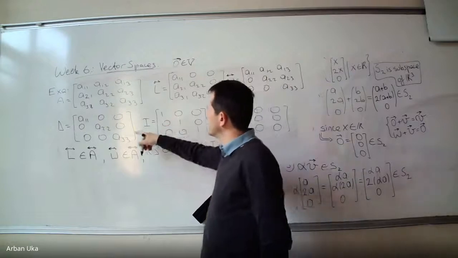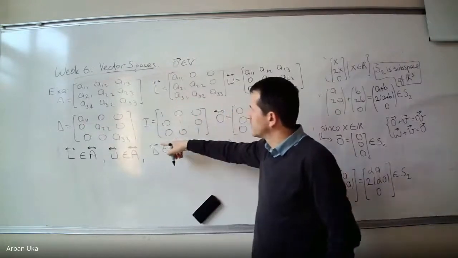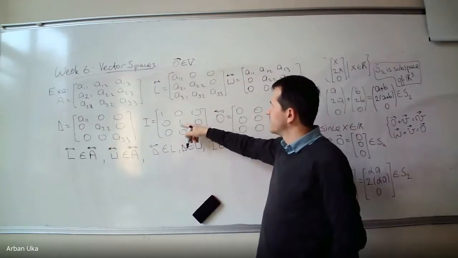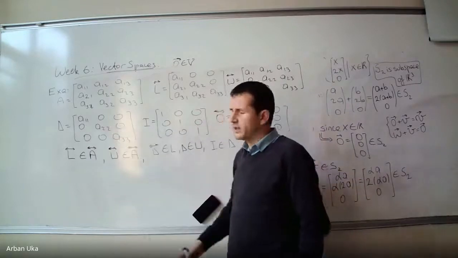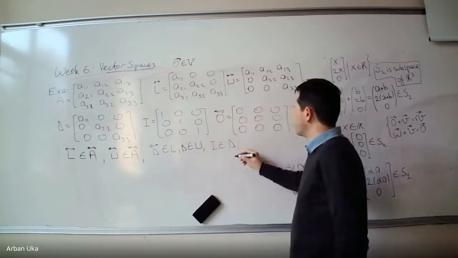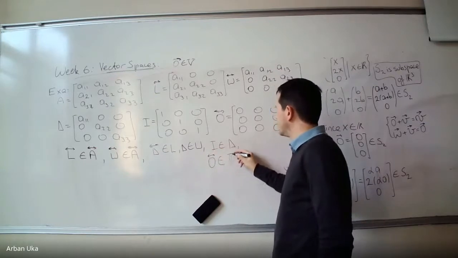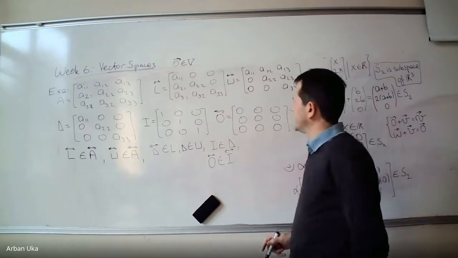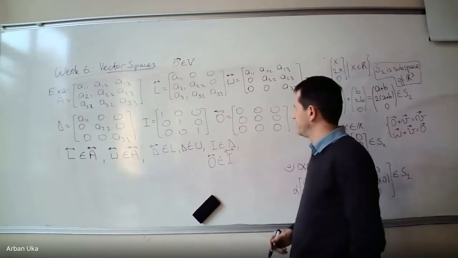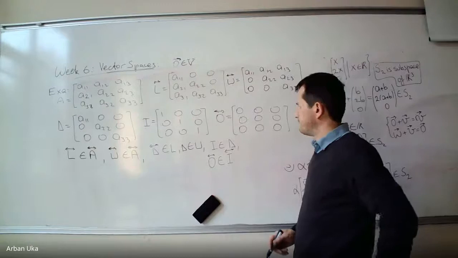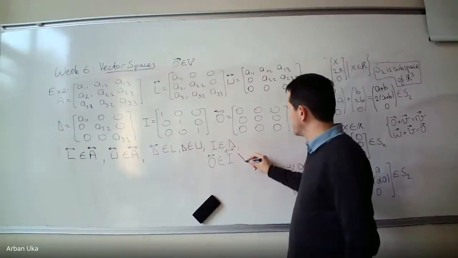Why? Because the identity matrix has all off-diagonal terms equal to 0, but the diagonal values are specifically equal to 1. What about the zero matrix? Is the zero matrix a subset of the identity matrix? What can you say about this? No, that's true.